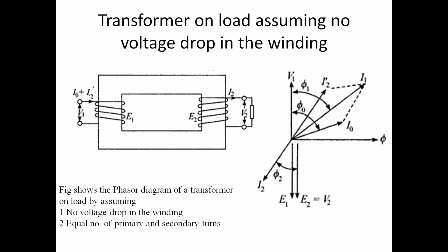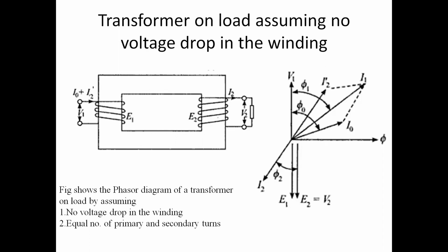Here we assume no voltage drop in the windings, means impedance we neglect. Then if we connect the load on secondary, as referred to primary side, the primary current is I0 plus I2 dash. If no voltage drop in winding, and E1 equals E2, it means equal number of turns.